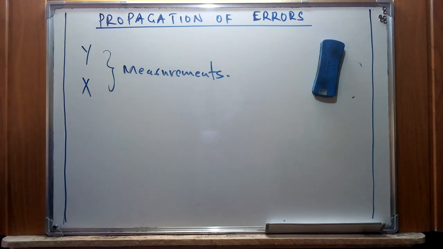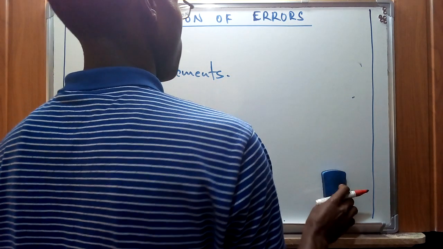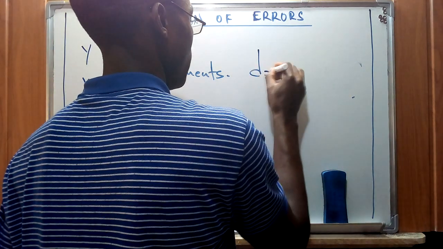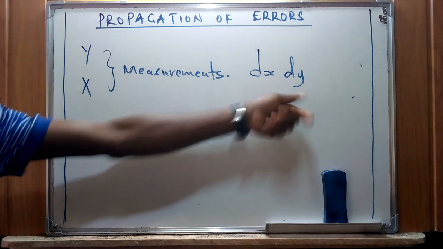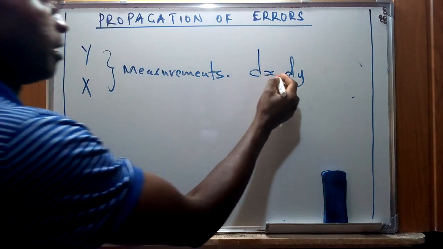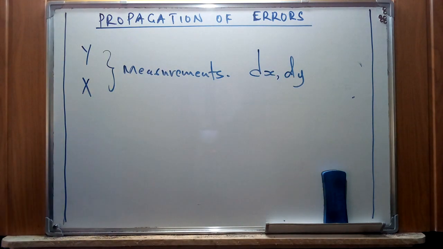So for x and y, the determinate errors are given as dx and dy, which are of course deviations from these true values of x and y.